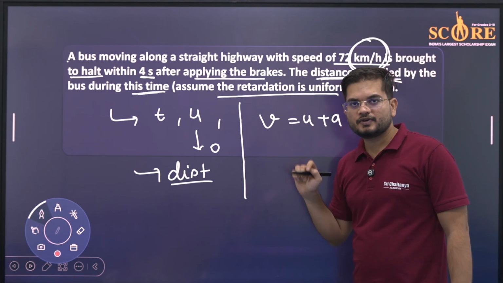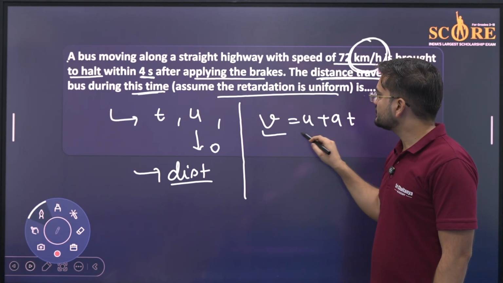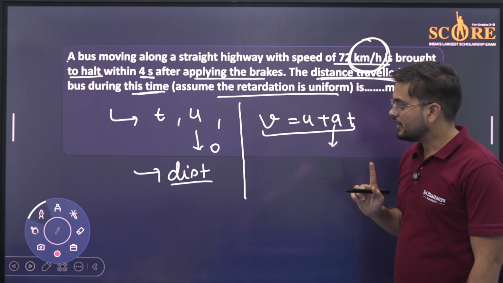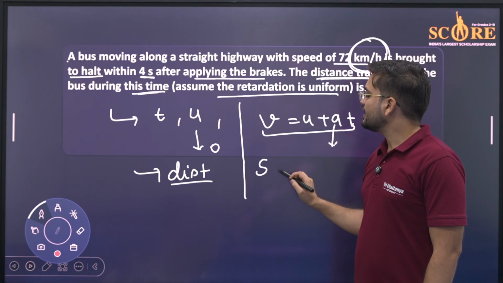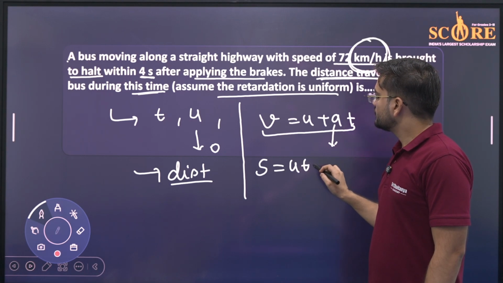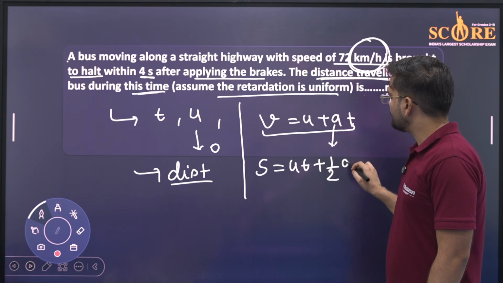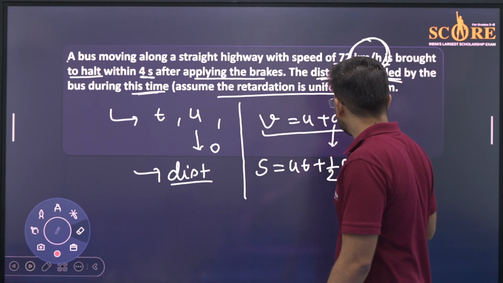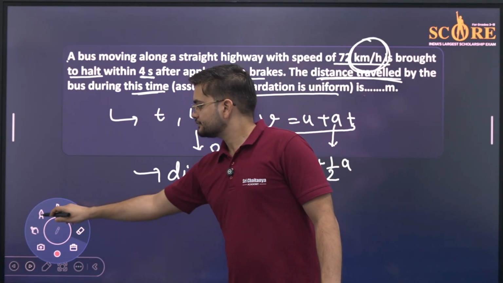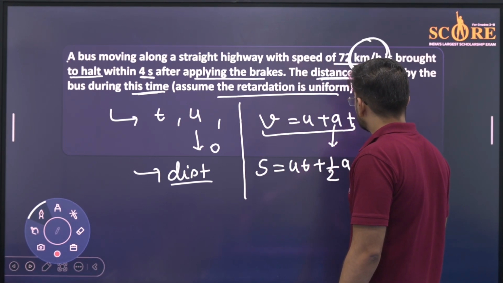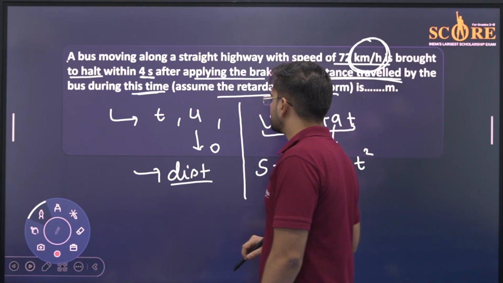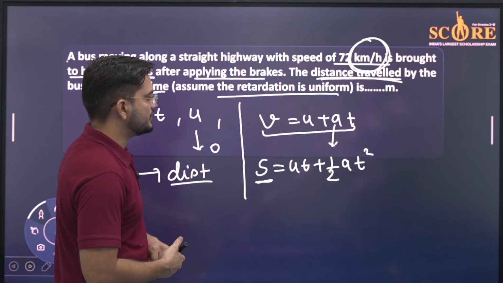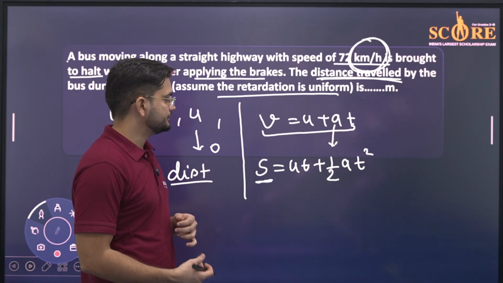By using this equation, we will find a, and then s is equal to ut plus half a t square. By using this equation, we can calculate distance traveled or displacement.